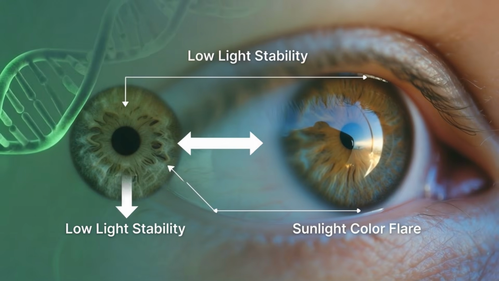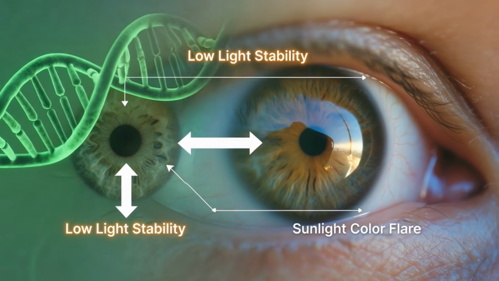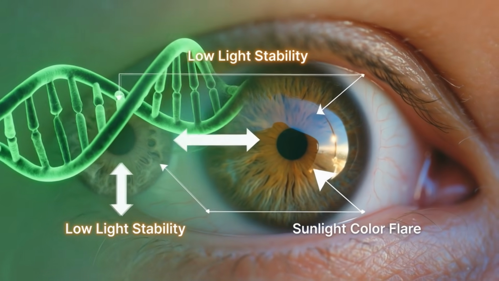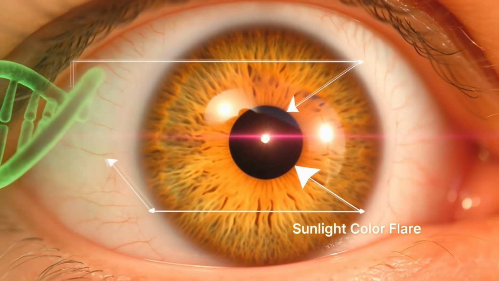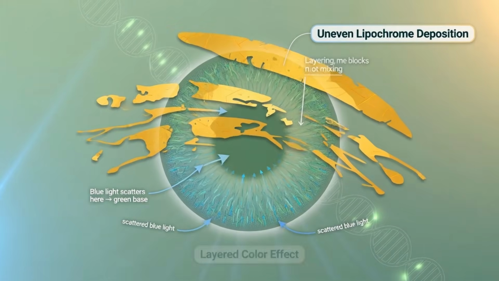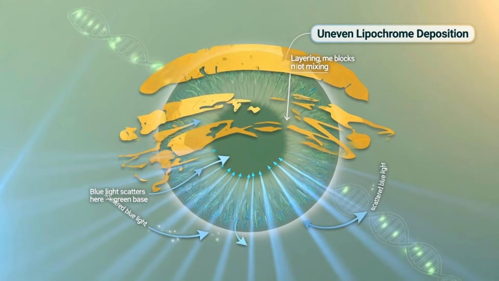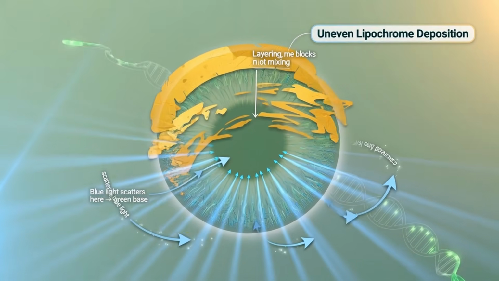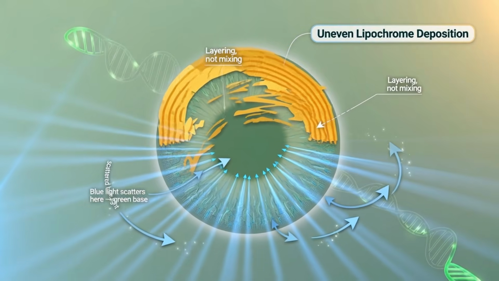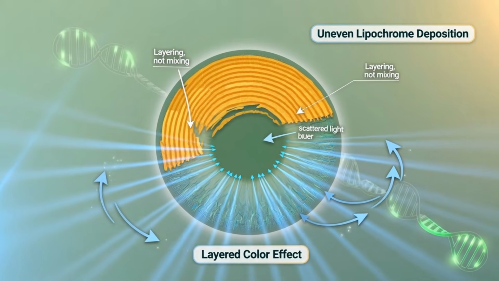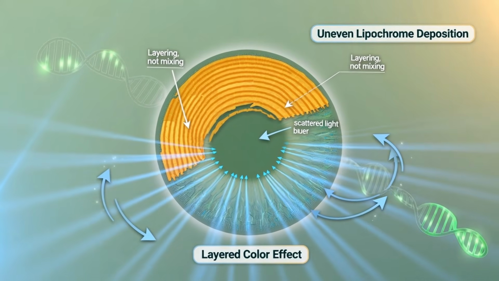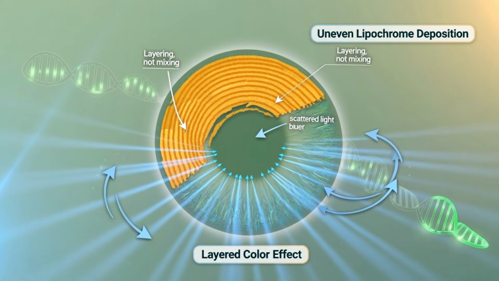This variant appears green in lower light conditions, but responds dramatically to direct sunlight, flaring into warmer hues that can look almost metallic. The reason this happens is that when lipochrome is deposited unevenly, it doesn't blend cleanly with the scattered light. Instead, it creates localized patches or streaks of yellow gold that sit visually on top of the green base.